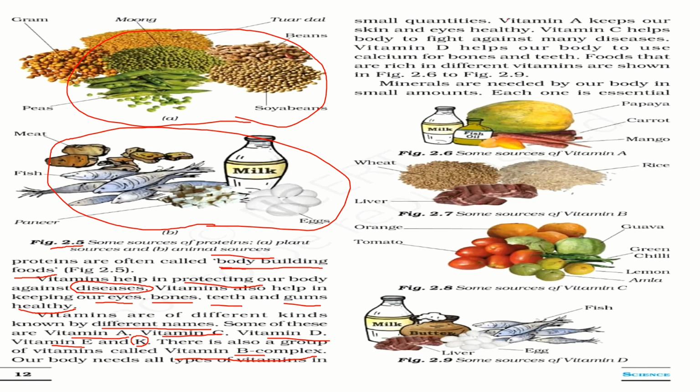Vitamin A keeps our skin and eyes healthy. When you eat food containing more vitamin A, our skin will be good, glowing, and our eyes will be healthy and sharp. It is vitamin A that makes our skin glowing and eyes sharp. Next, vitamin C. What does vitamin C do?